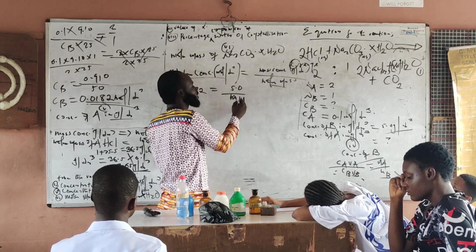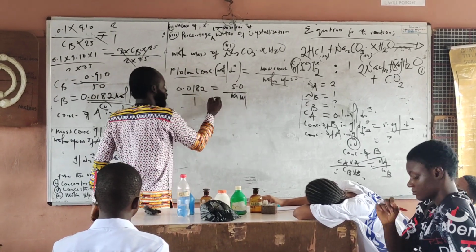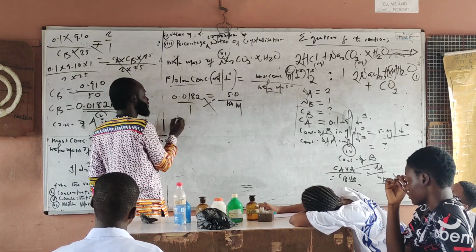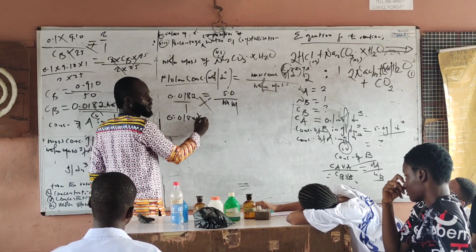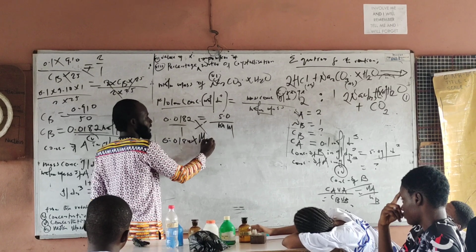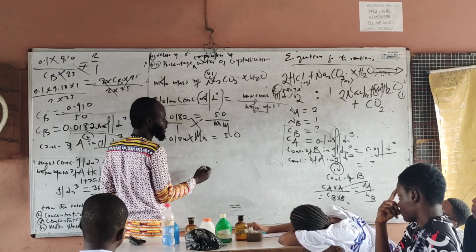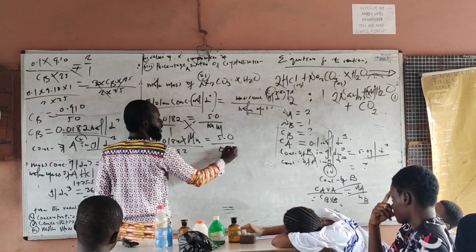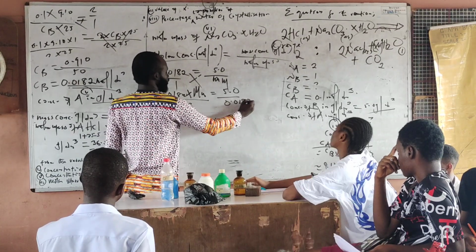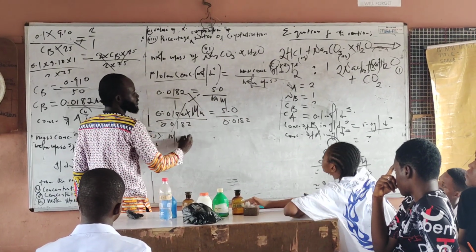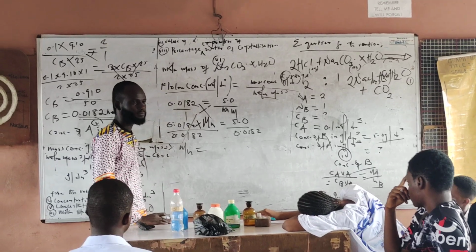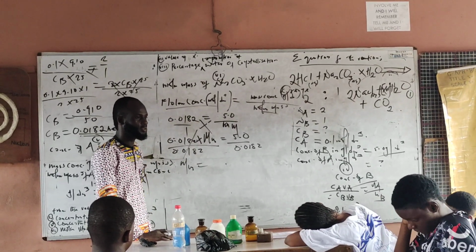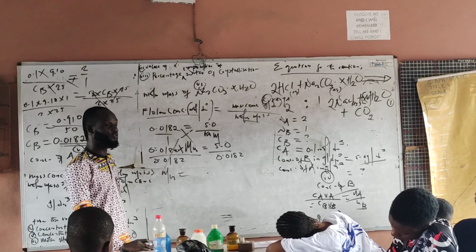So we have 0.0182 over 1 equals 5.0 over Mm. Cross multiply: 0.0182 times Mm is equal to 5.0. The 0.0182 cancels out, so our Mm is equal to 5.0 divided by 0.0182, which is 274.